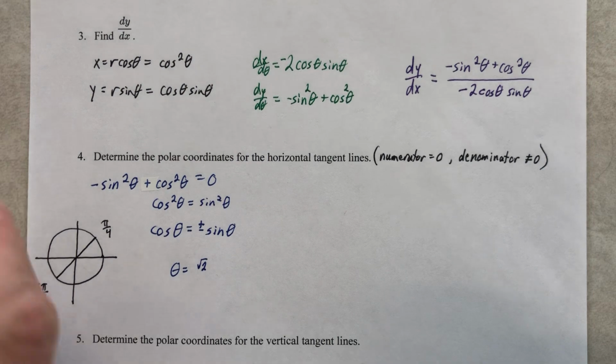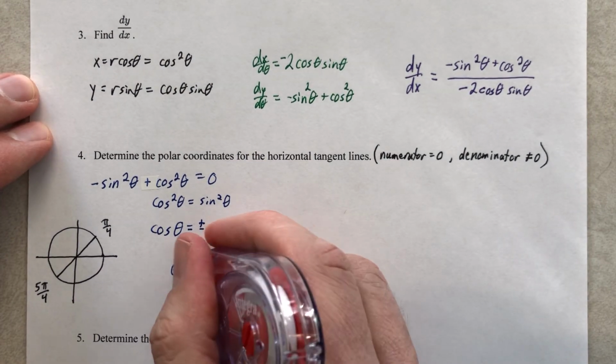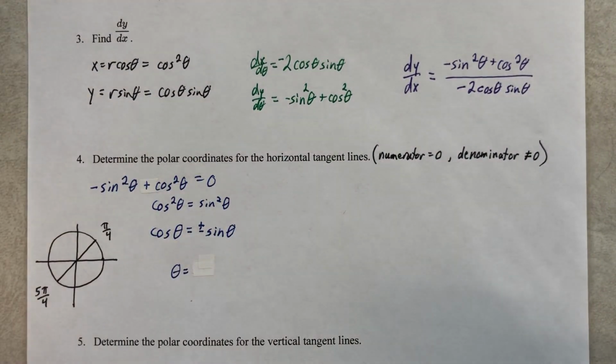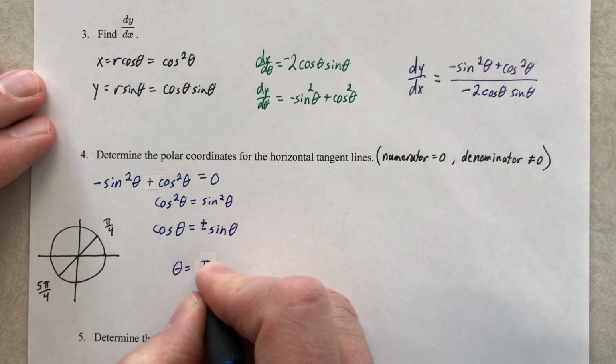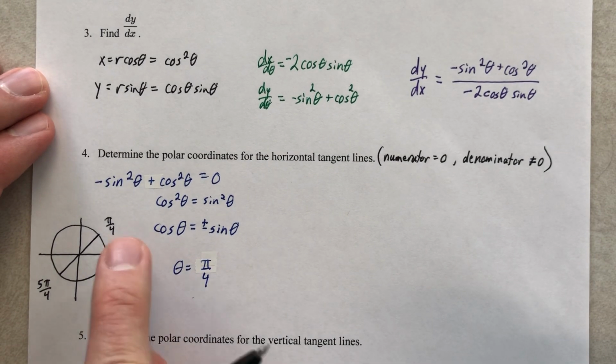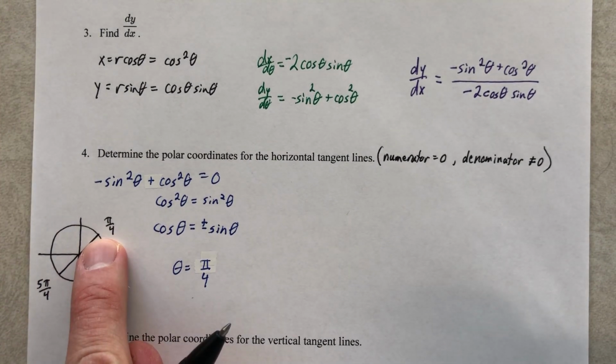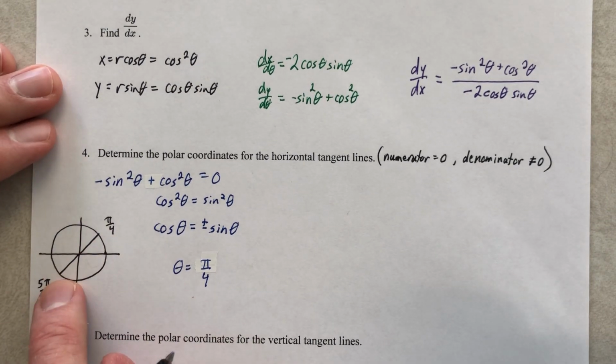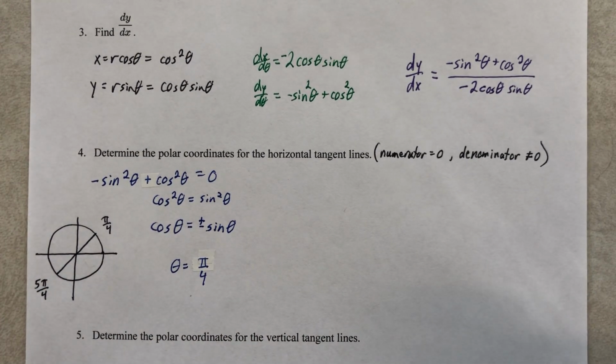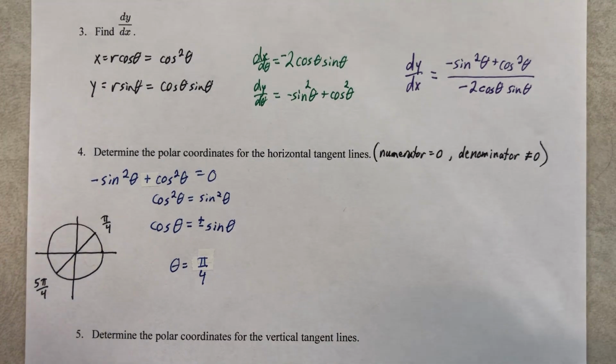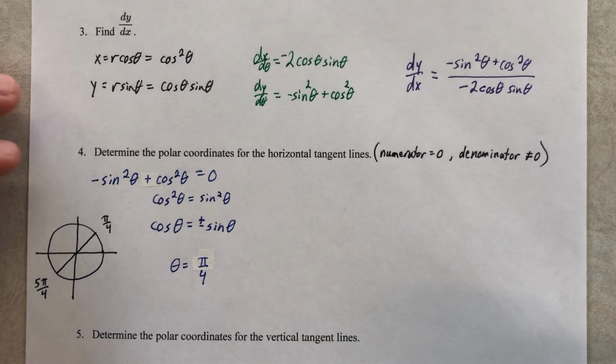Theta is my answer, and it would be pi over 4. However, the values here would be square root of 2 over 2, comma square root of 2 over 2. Same here, only they're both negative. Okay, getting ahead of myself, and I apologize. So we're gonna deal with that in a second.